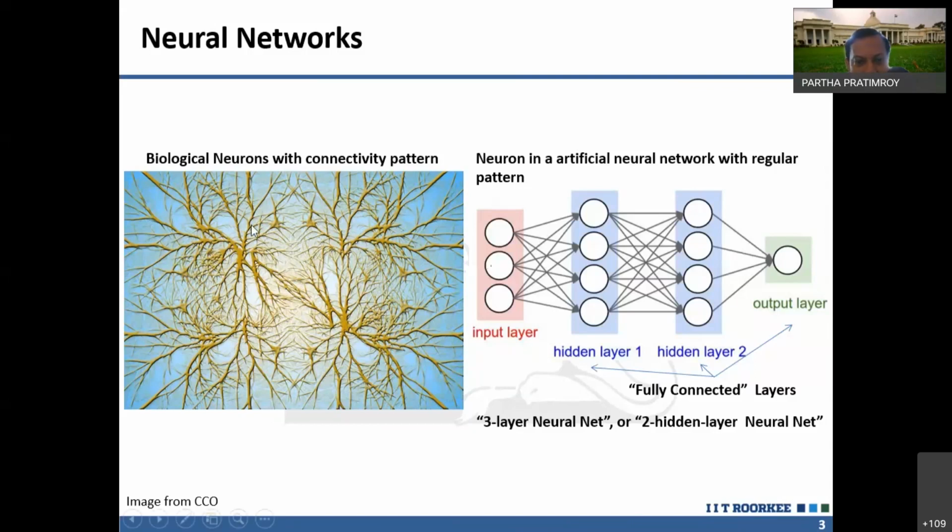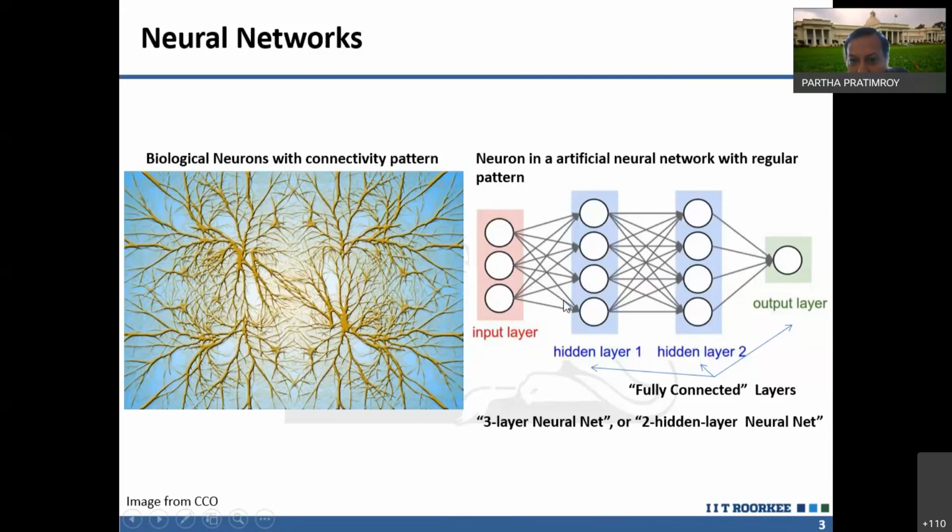Like a biological neuron, you have this neural network with input layers, and then several hidden layers, which are connected to the previous layers, which could be input or hidden. Finally the hidden layers' outputs are connected to the output layer, and you get the results. That's the neural network.